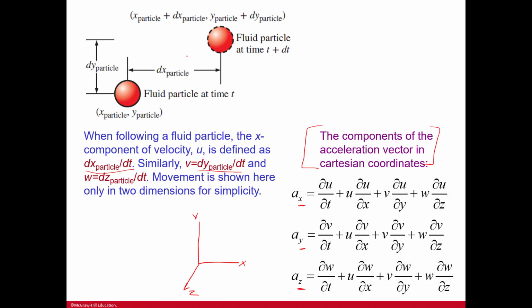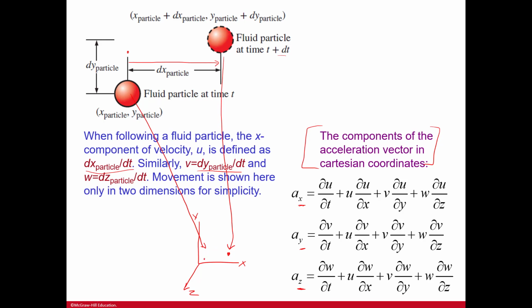And then here you can see the fluid particle at the time when it started, versus the change in time. And so here this dx is the change. If we have the particle right here, and then this particle right here at a different time, then you would have... actually, I drew those equal.